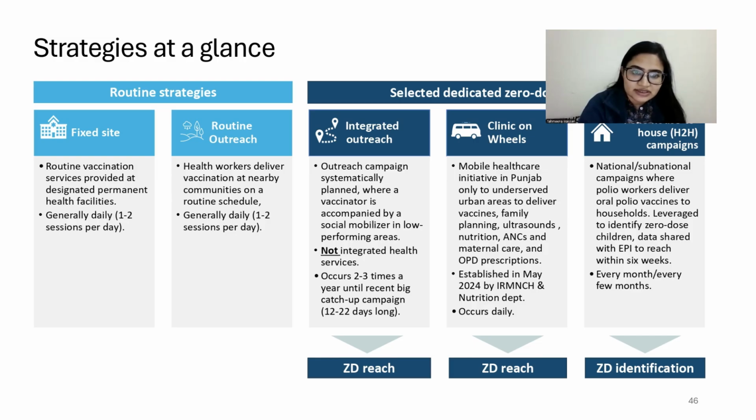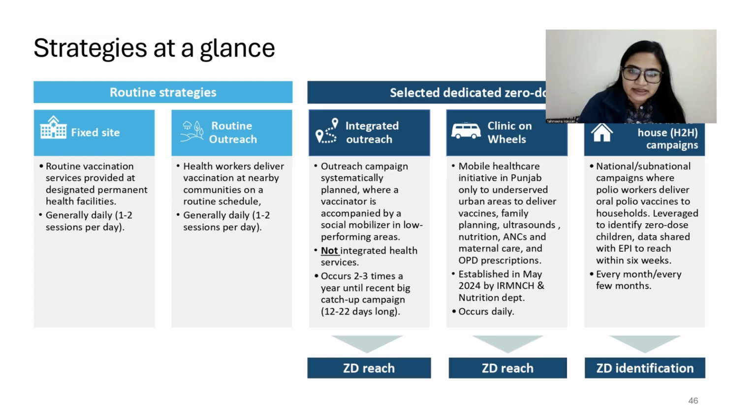In the selected interventions, the integrated outreach is a campaign-styled program, and this program has additional social mobilizers which help the vaccinators to reach the high risk or the low coverage areas. Mostly, these integrated outreach campaigns are planned twice or thrice a year.